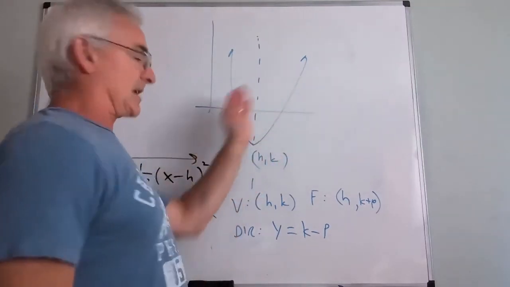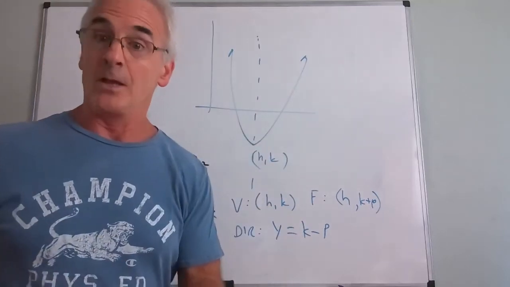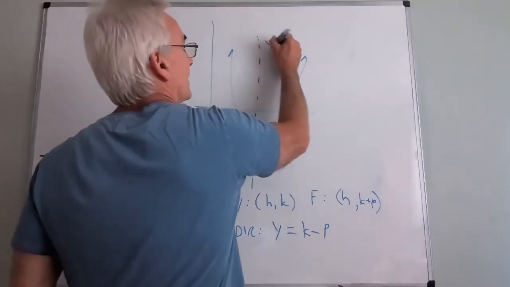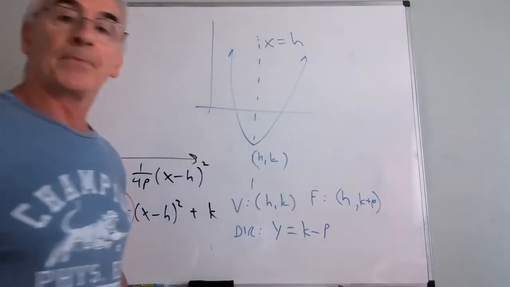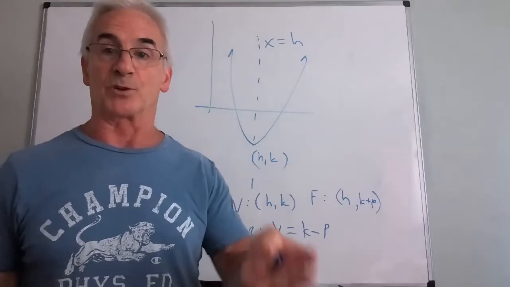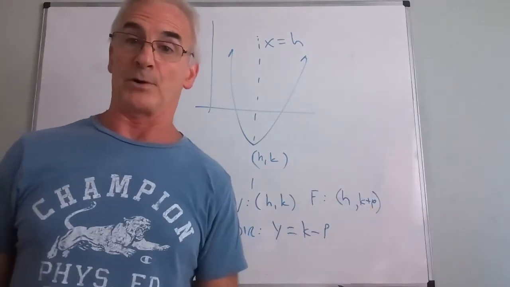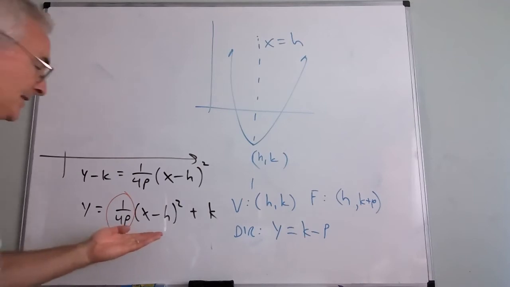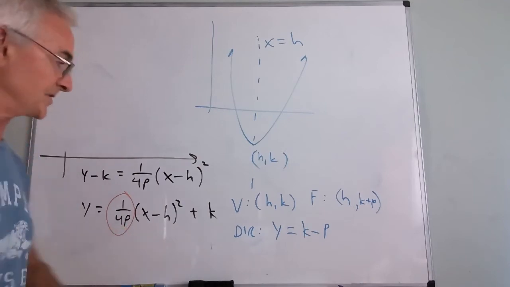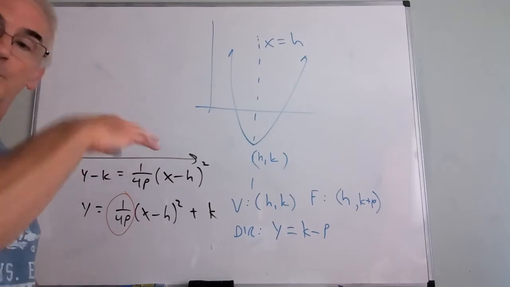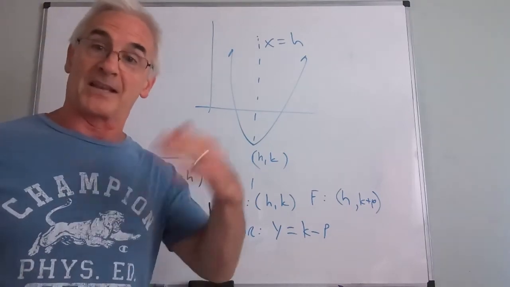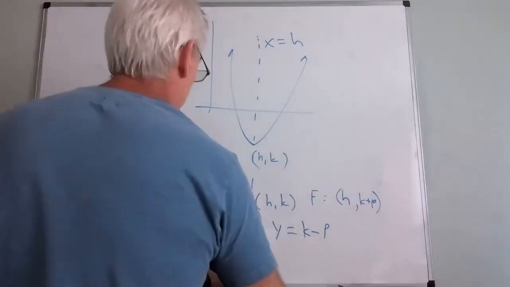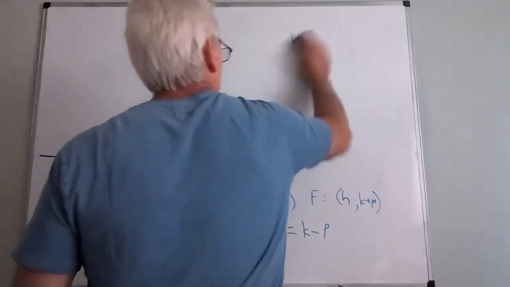This looks exactly the same on one side as it does the other. So if my vertex is at h comma k, what's x equals what? x equals h. Exactly. That's why I said usually the axis of symmetry is the first thing you can find in a parabola. And if you don't remember, in the ax squared plus bx plus c form, the axis of symmetry is the line x equals negative b over 2a. And if you forget, you can always take a derivative. You get the same thing.